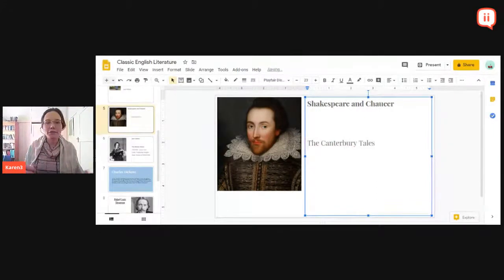And he just wrote about relationships, about what people spoke to each other. He wrote about people on a journey, and who they met. So you get to see a picture of what England was like at that time. So it is very interesting to read.